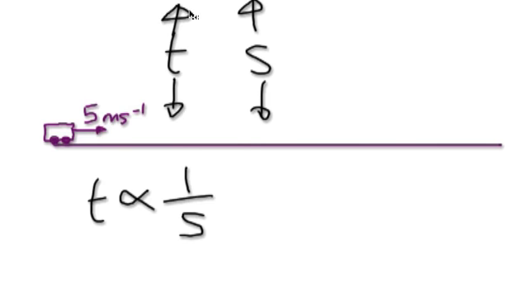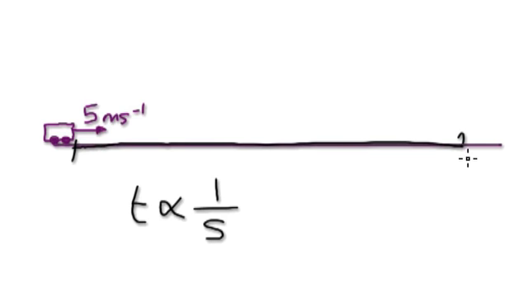Okay, so looking at this scenario here, we've established that time is inversely proportional to the speed. Now let's try and plot this graph. Let's imagine that we are looking at a distance of, let's say, 100 meters.